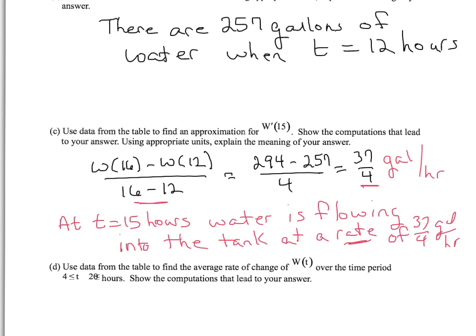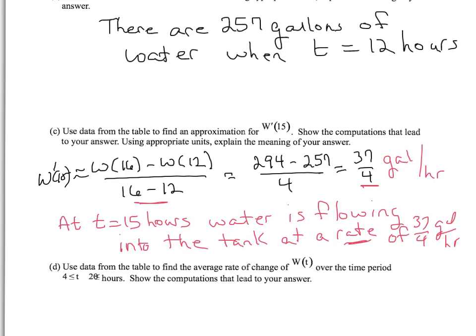So you only want the rate of the answer, you don't want an approximation for what it would be? Just looking for the rate? Yeah, W prime of 15. Okay, if you wanted to, you could put W prime of 15 is approximately, but I don't think they'll be that picky.